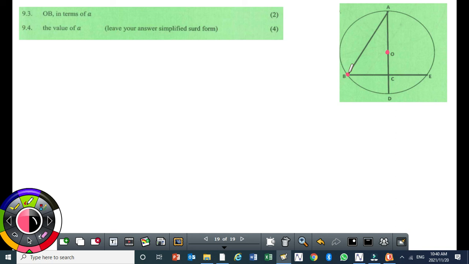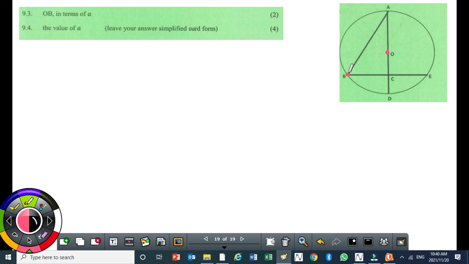Alright, if I were to ask you a question, how many red lines do we have on the diagram? There are 4. Thank you. We have OD, OE, OB, and OA.